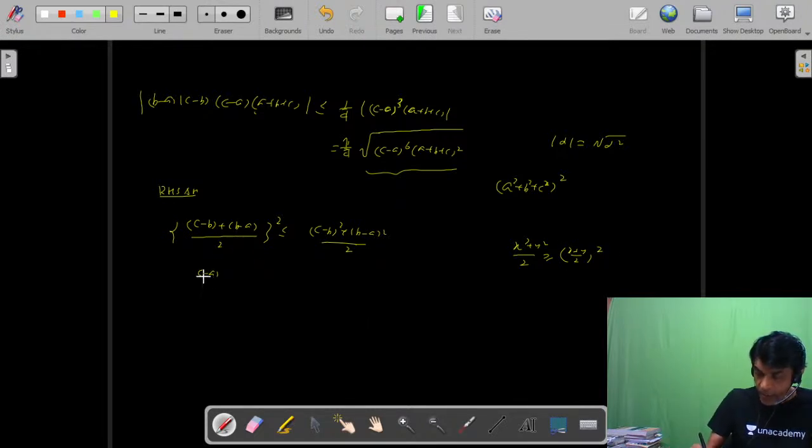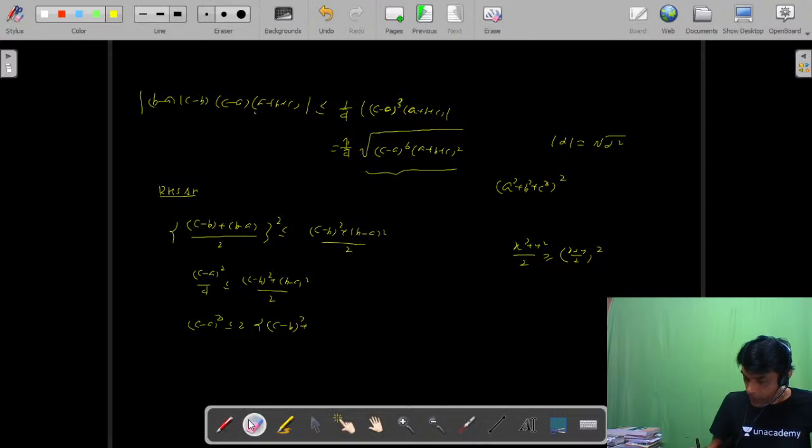So I can write with c minus a and b minus a all positive: c minus a squared over 4 is less than or equal to c minus b squared plus b minus a squared over 2. So c minus a squared is less than or equal to 2 times c minus b squared plus b minus a squared.